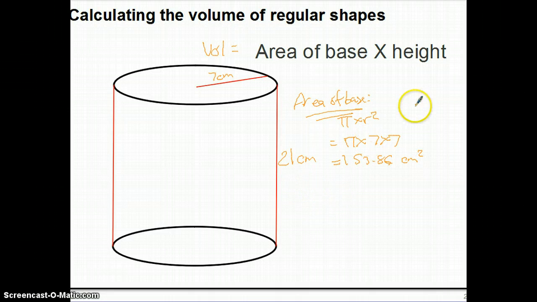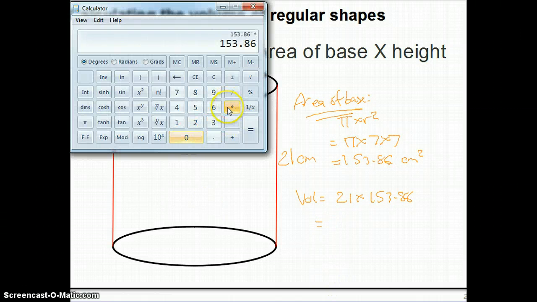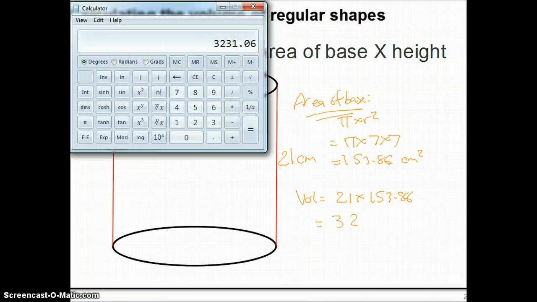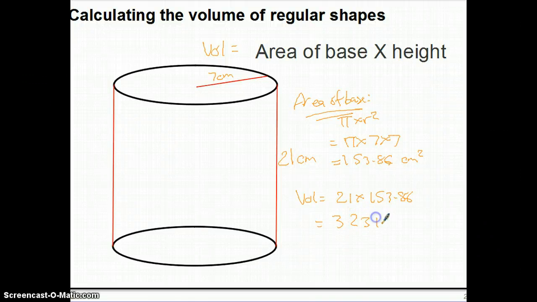And then we multiply by the height, which said was 21. So volume is 21 times 153.86. So we'll take our answer there, times it by 21, and we get 3,231.06 centimetres cubed.